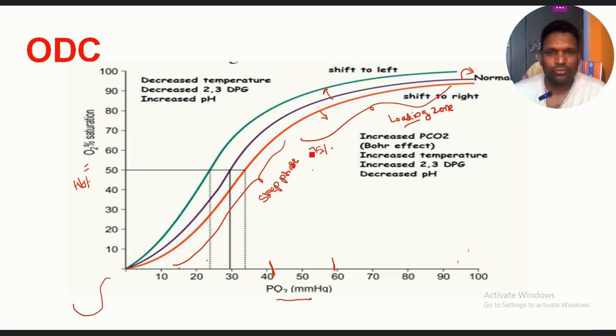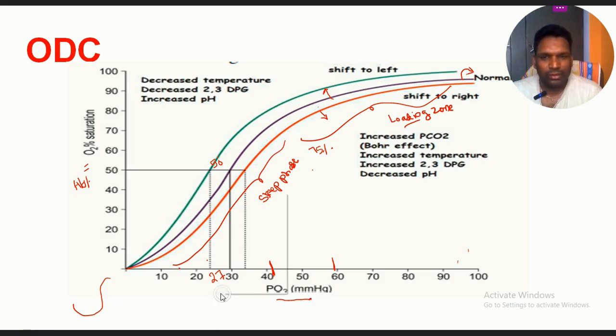At a partial pressure of 40 mm of Hg, the percentage of saturation would be just 75 percent. This is called the unloading zone, or steep phase, and the one above is called the loading zone, or plateau.